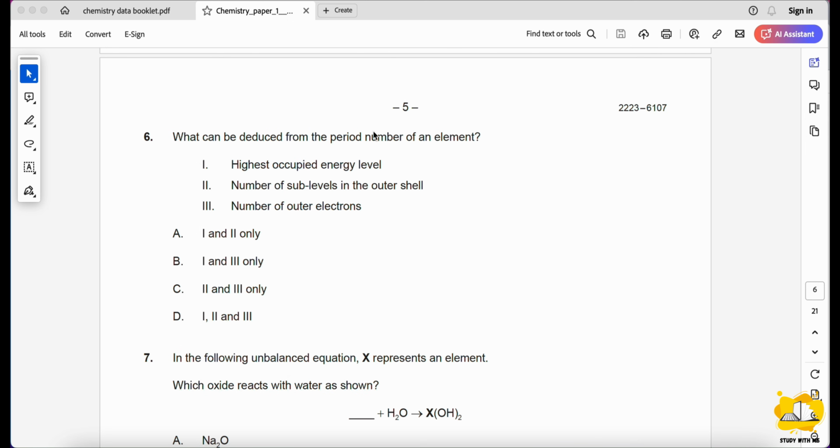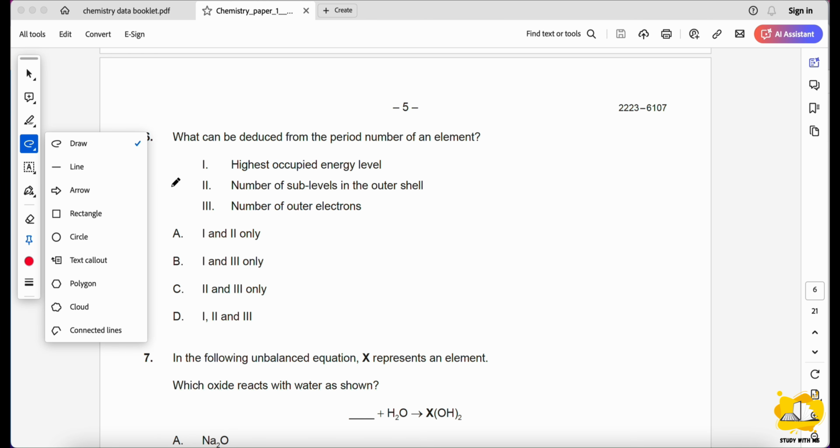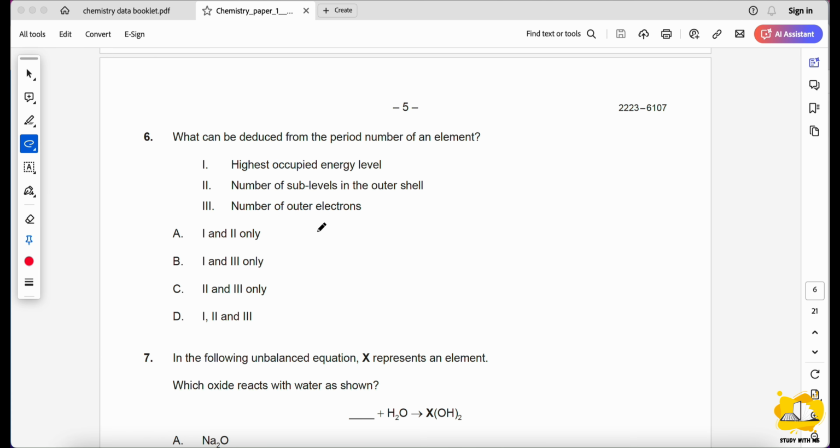Okay, what can be deduced from the period number of an element? Highest occupied energy level, number of sublevels in the outer shell, or number of outer electrons. Okay, so I'm going to take an example, period 2, where the elements will be Li, Be, then B, C, N, O, F, and Ne.